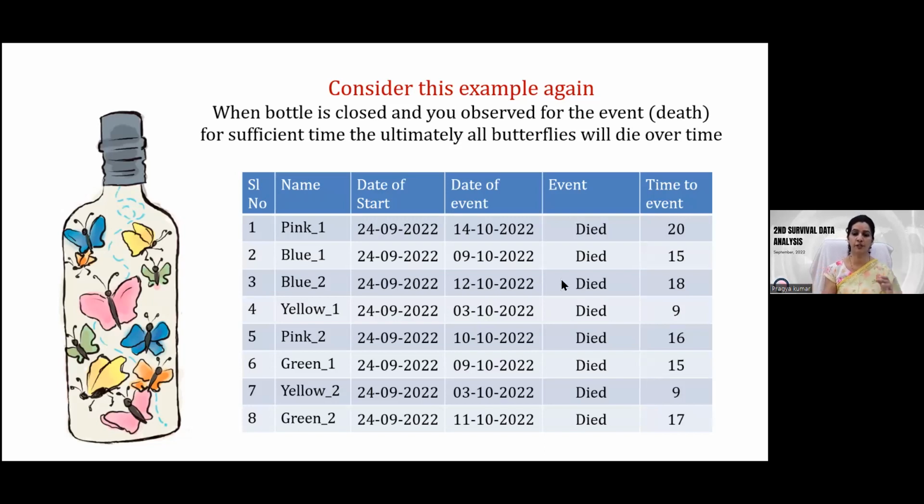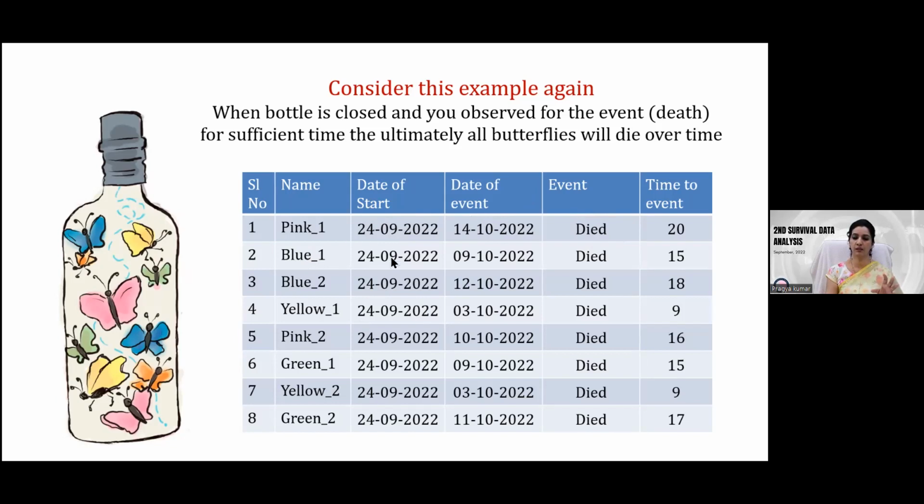So if you see the first butterfly, the pink one, the start date is 24/4/2022. I have started my study today, and maybe I'm just anticipating that this death will happen on 14th October. So the time to event is death, and the time is 20 days.